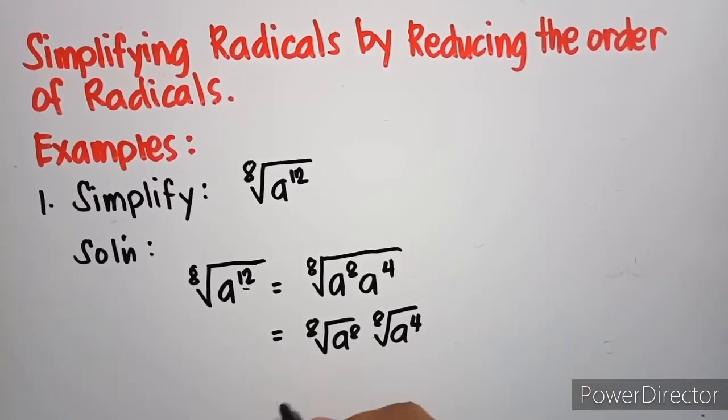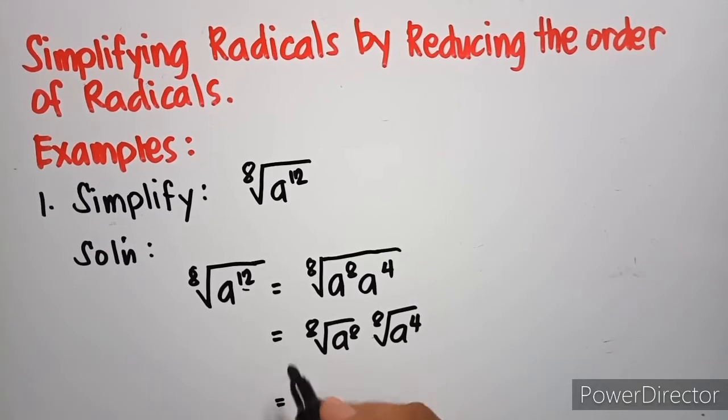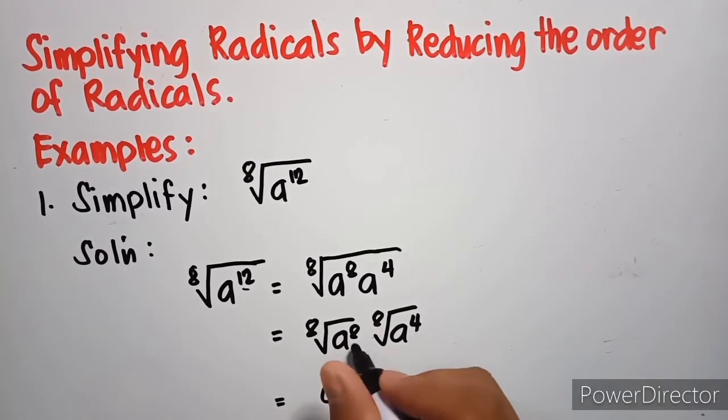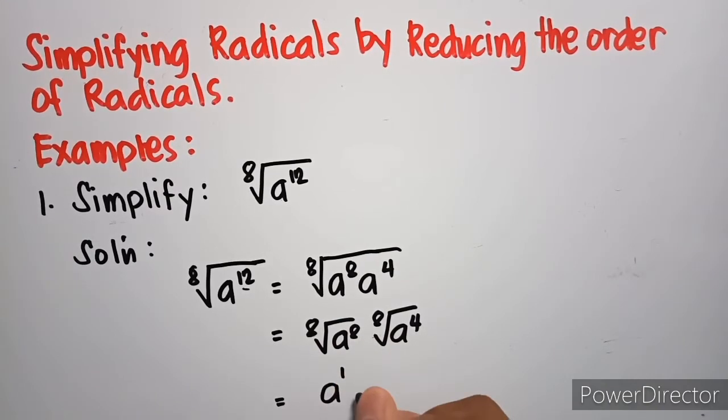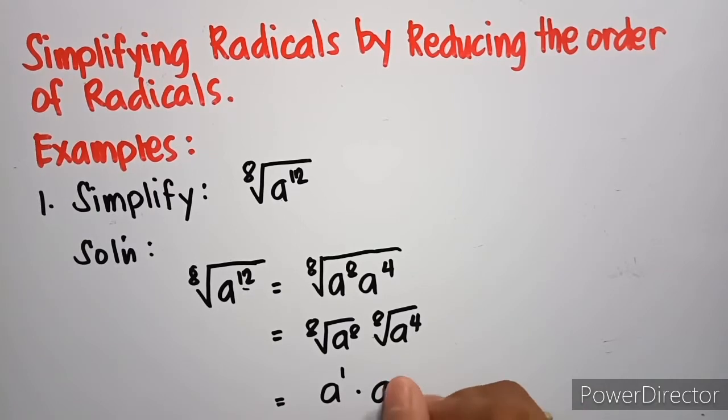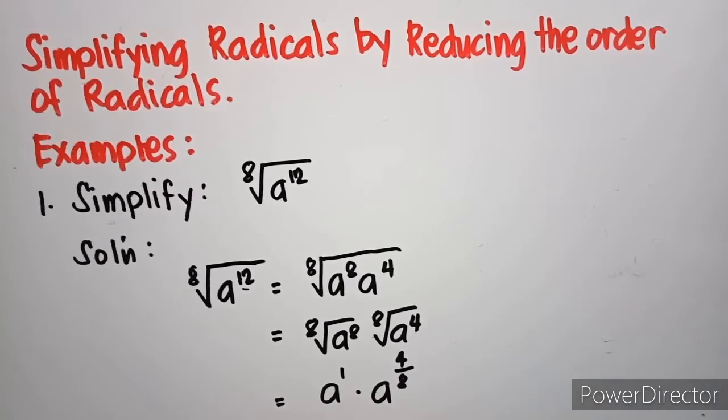And this will become a. So, a as a radicand, 8 divided by 8 is 1. Then, we have a. Then, we have 4 over 8. Okay.